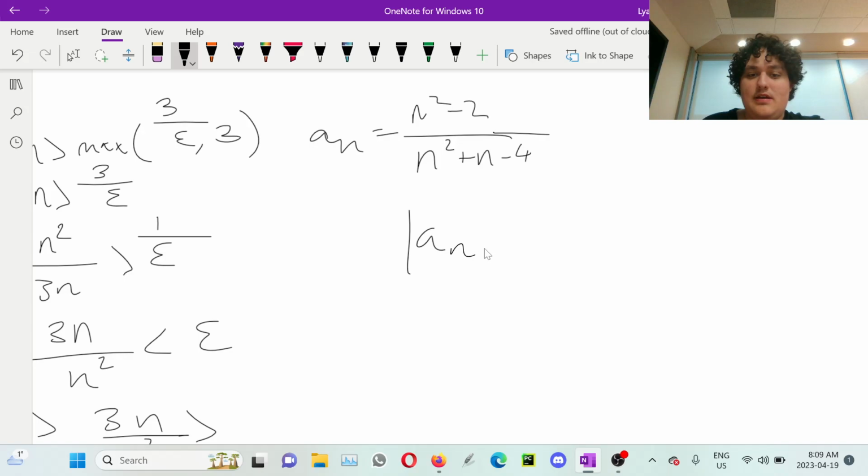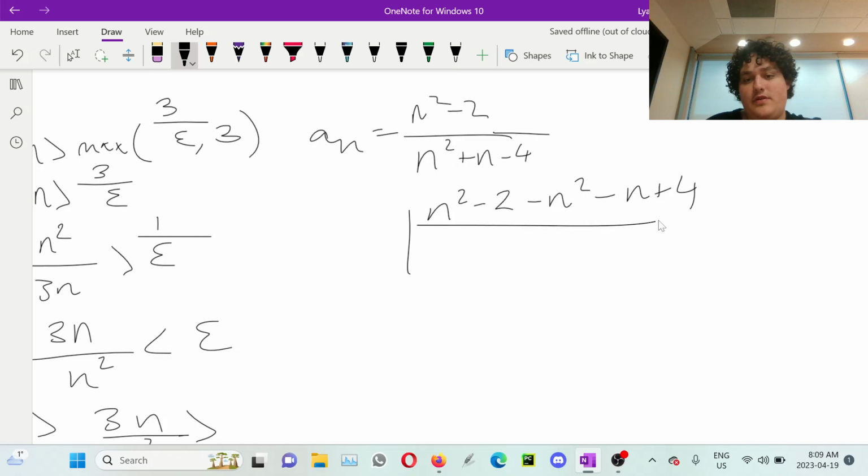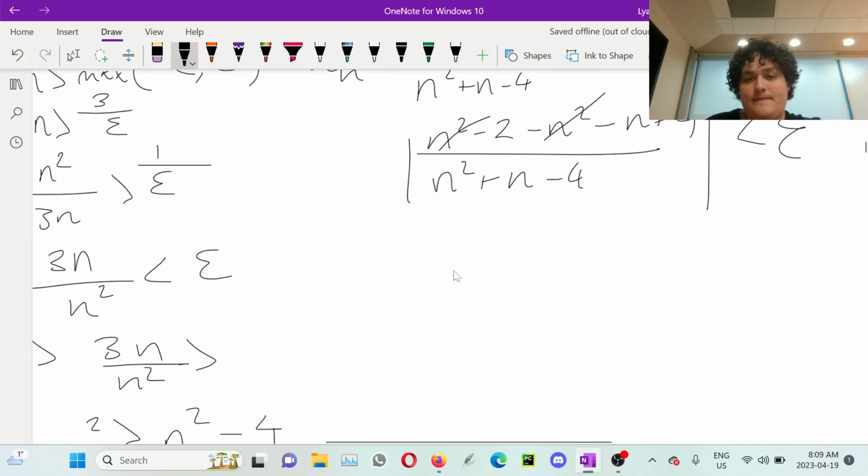So I need n squared minus 2 minus n squared minus n plus 4 over n squared plus n minus 4 to be less than epsilon. Okay, use absolute properties. Get this.